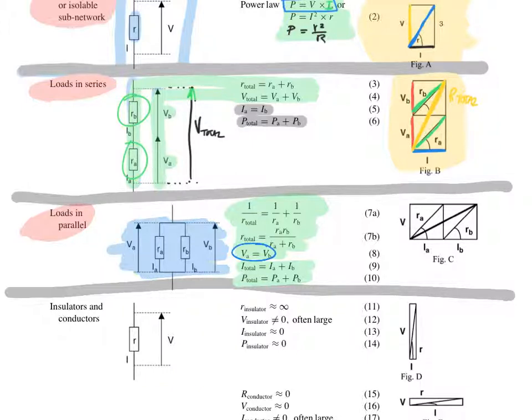So now, notice that I have one voltage. Let's do this. I'll keep it in blue, since voltage was blue. One voltage. But I have two currents. All right?